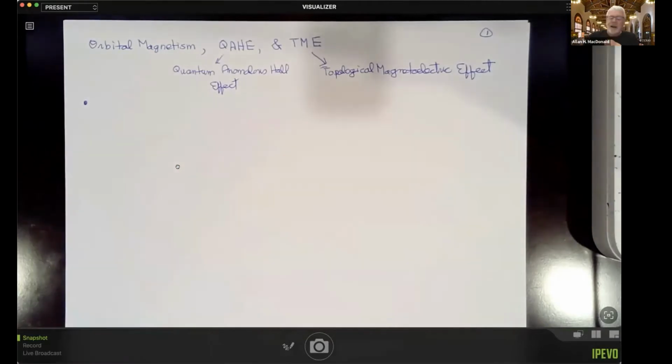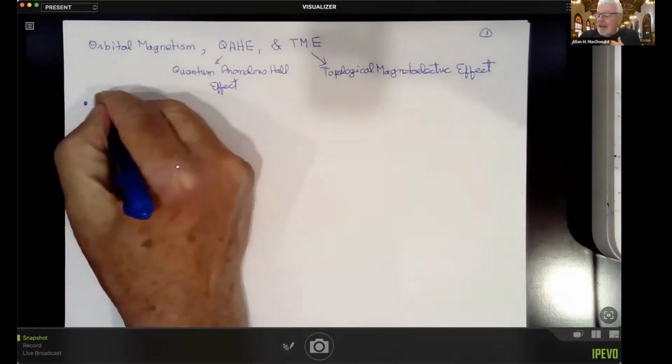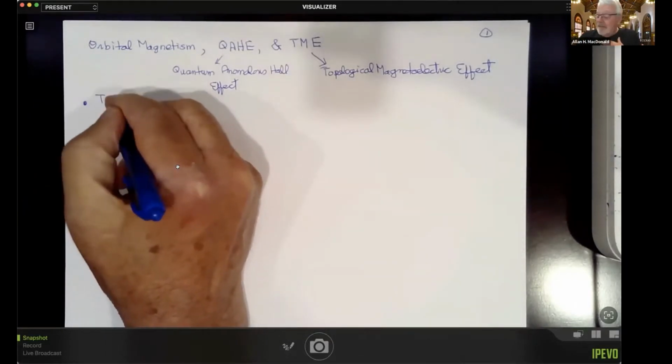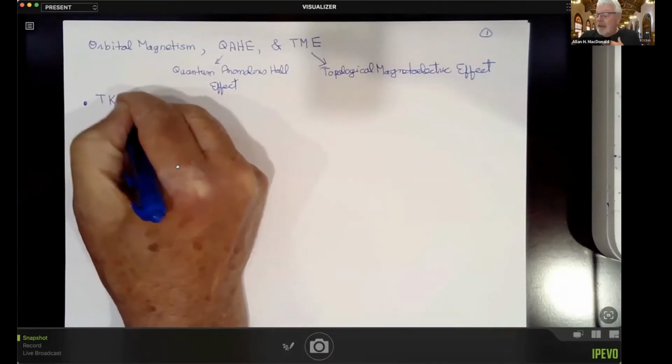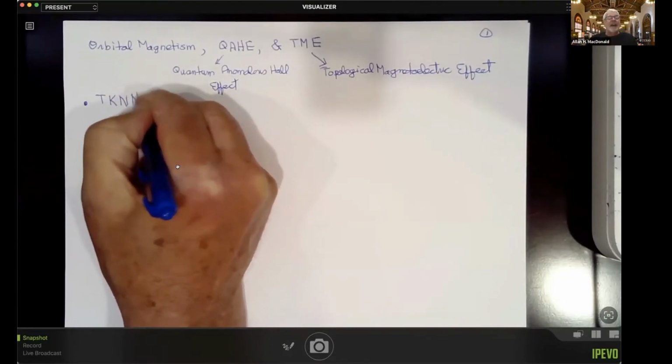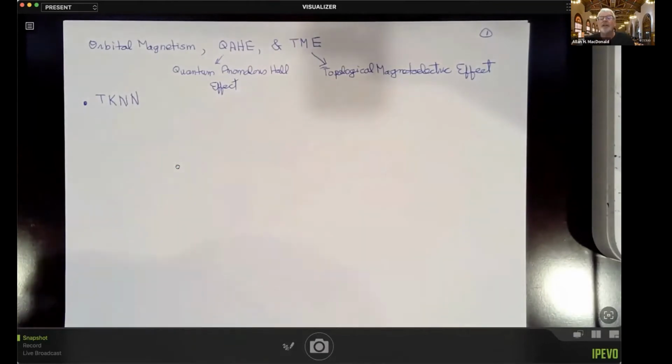I'm going to start by quickly deriving the TKNN formula for the Hall conductivity. This formula for the Hall conductivity is at the center of my lecture, and I'm going to write down a more general version of it a little bit later.